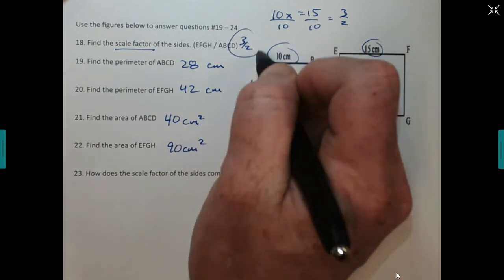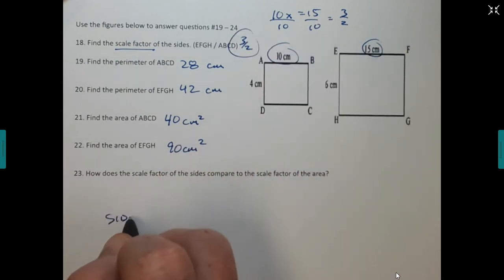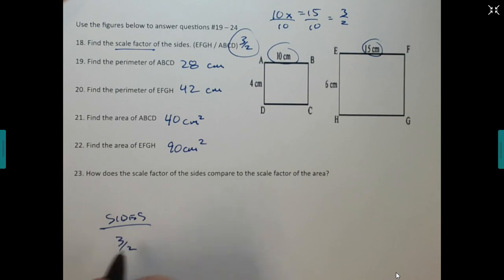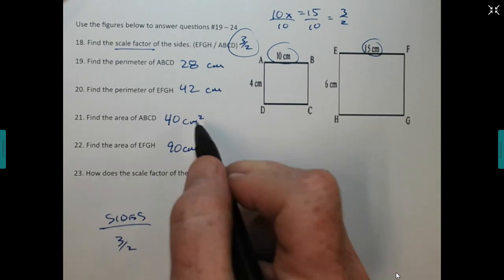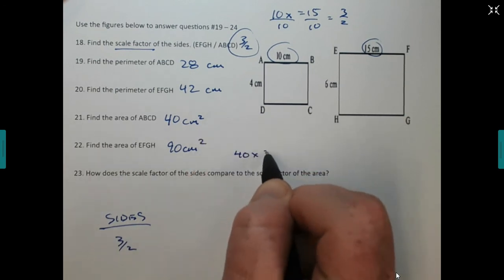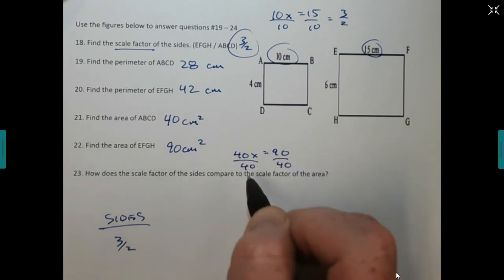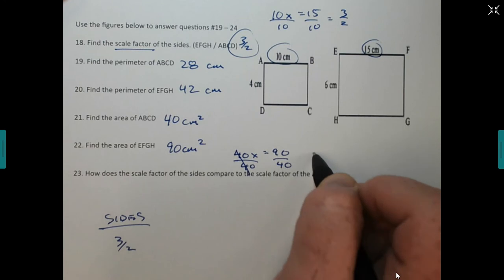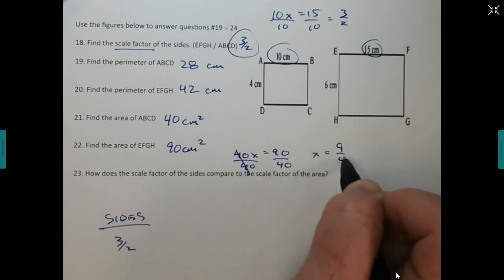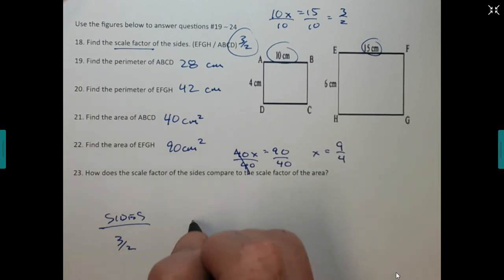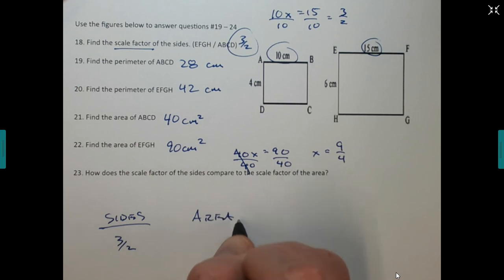We know the scale factor of the sides was 3 to 2. Now the question is, what do I have to multiply 40 by to get 90? That reduces to 9 over 4. So the comparison between the areas was 9 to 4.